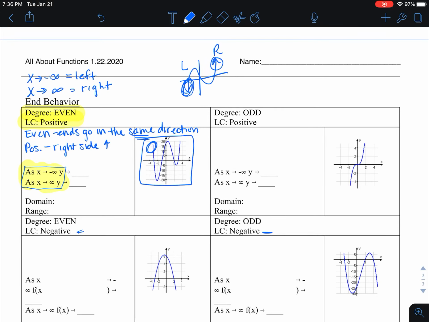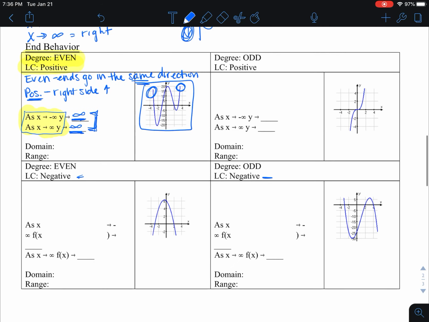It's going up forever, so it's going to positive infinity. The right-hand side is also going up, so it's going to positive infinity. We don't even need the graph to know that, because it's even, so the two ends go the same way and our answers for these 2 questions have to be the same. And since it's positive, the right-hand side goes up, so the left side must also go up.